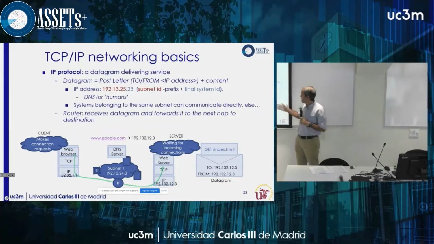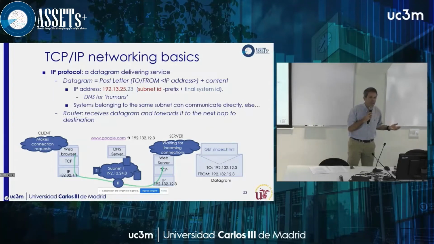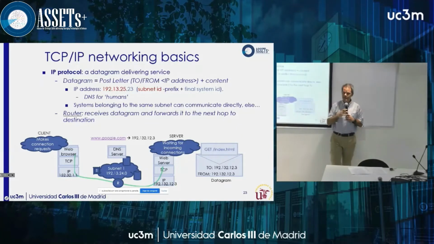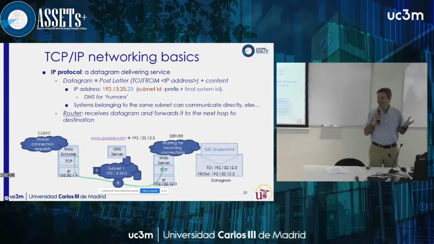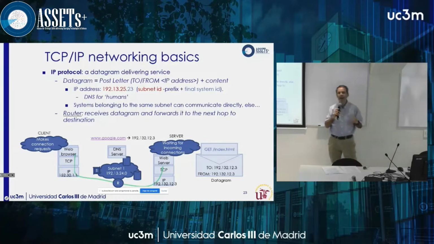When you send a mail, you have the destination of the mail, the source of the mail, and the text you want to transmit. So it's the same in a datagram. The datagram has two addresses and the text you want to transmit. The main difference is the datagram is virtual, is electronic, and the directions are IP directions.